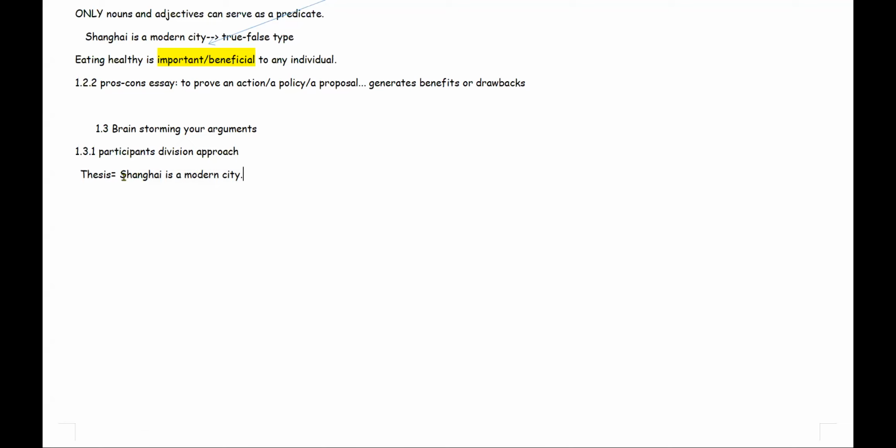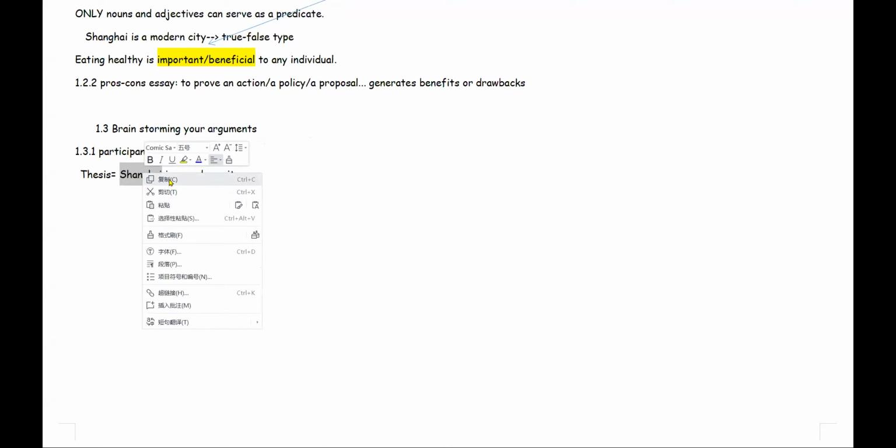Since the subject is a city, I will ask myself, who are in this city called Shanghai, or what are included in this city? This is what I will divide.